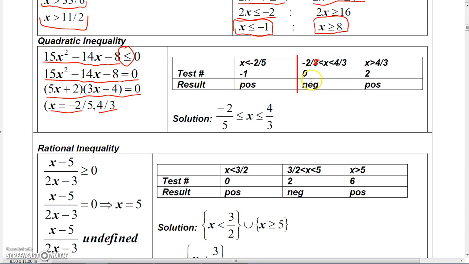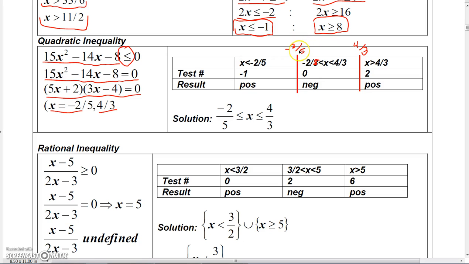Well, what we're going to do is break the number line up at those two values, because that quadratic expression can only change sign at those values, negative 2/5 or 4/3. You can call these numbers critical values if you like.